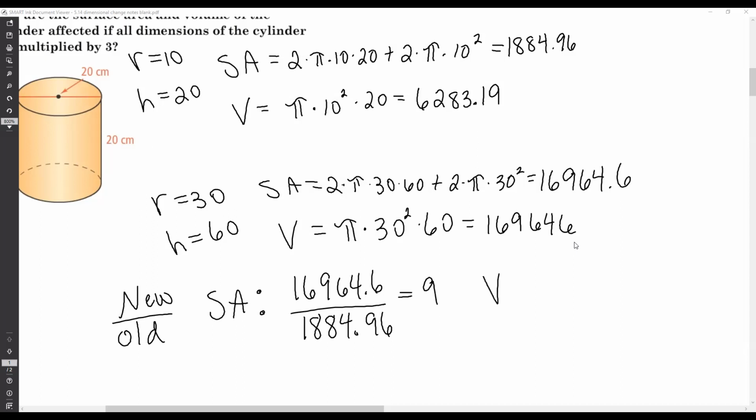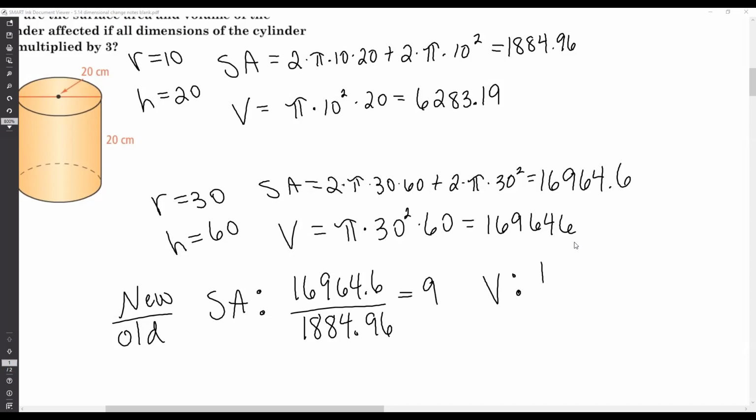Now we'll do the volumes. So look at that. We multiplied our dimensions by 3, right? Our surface area was 9 times as much, not just 3 times as much, right? So now let's look at that volume.